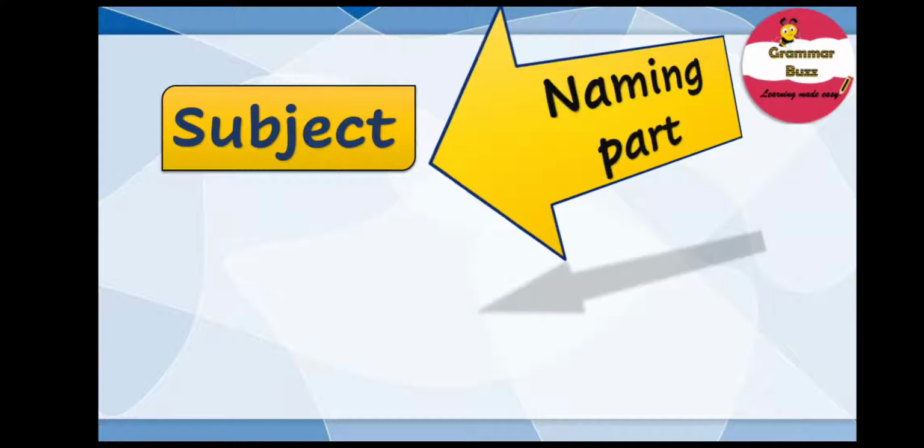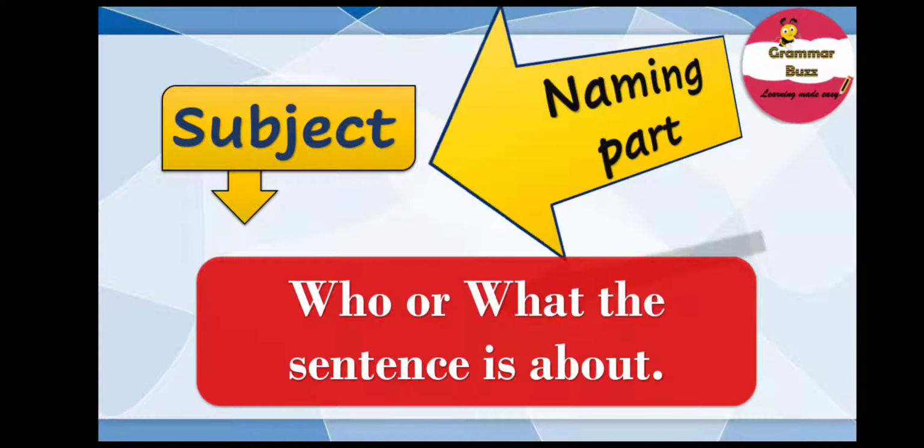It tells us who or what the sentence is about. It tells us about the doer of the verb or the action. It tells us who or what is performing the action or the verb in the sentence.